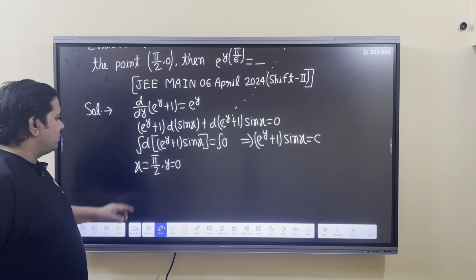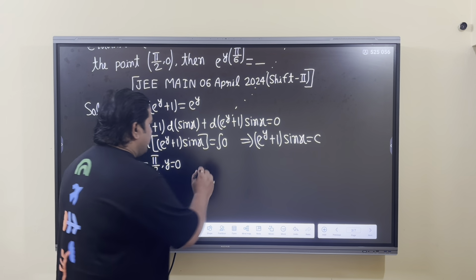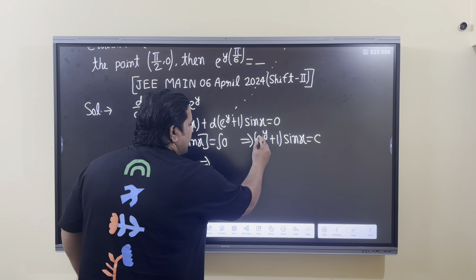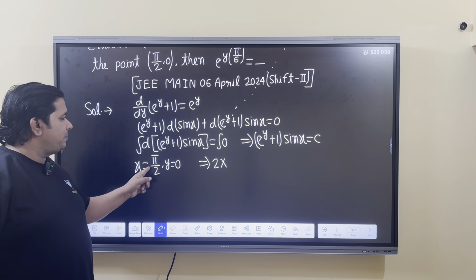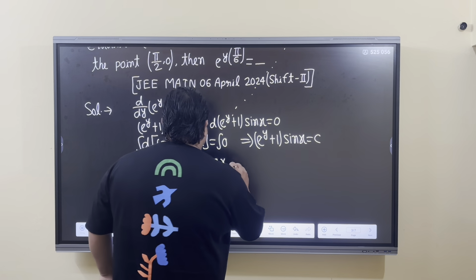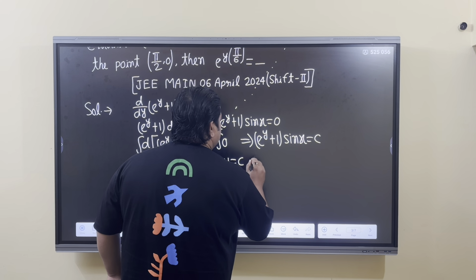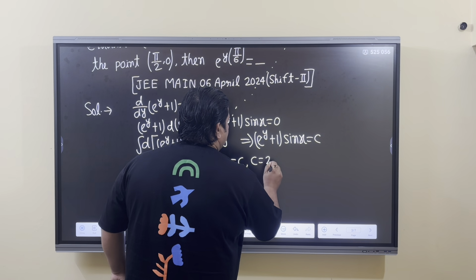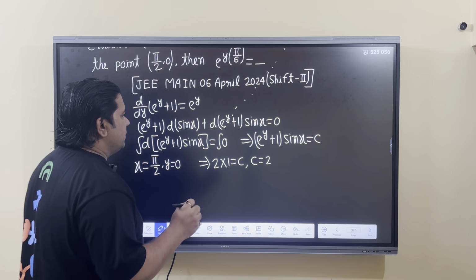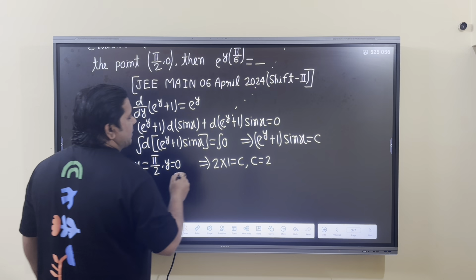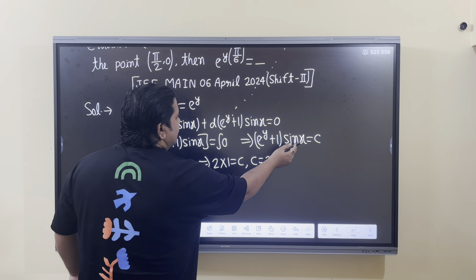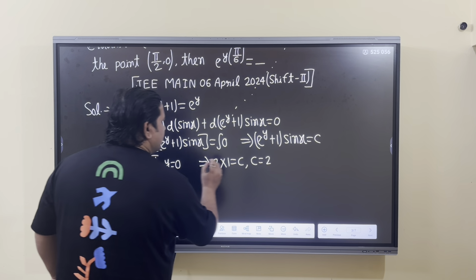If we substitute this, e power 0 will become 1, so this will become 1 plus 1, 2 into sin pi by 2, which is 1, equal to c. So c is 2, and then we have to find e power y of pi by 6, so basically when x is pi by 6.